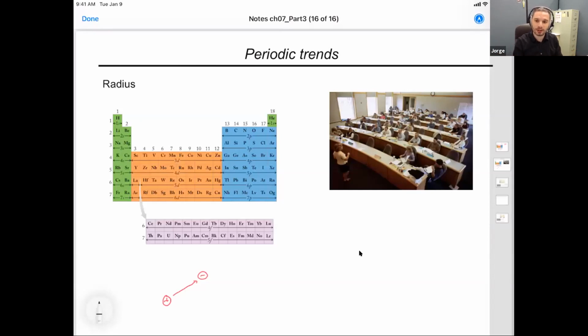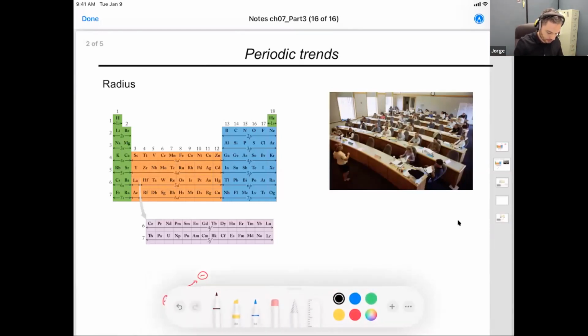So imagine a classroom where the professor is the nucleus, and then each row will represent an electron shell, and the students in the row will represent the electrons. So if we add more shells, what should happen with the radius? Of course, more shells added, the radius will increase.